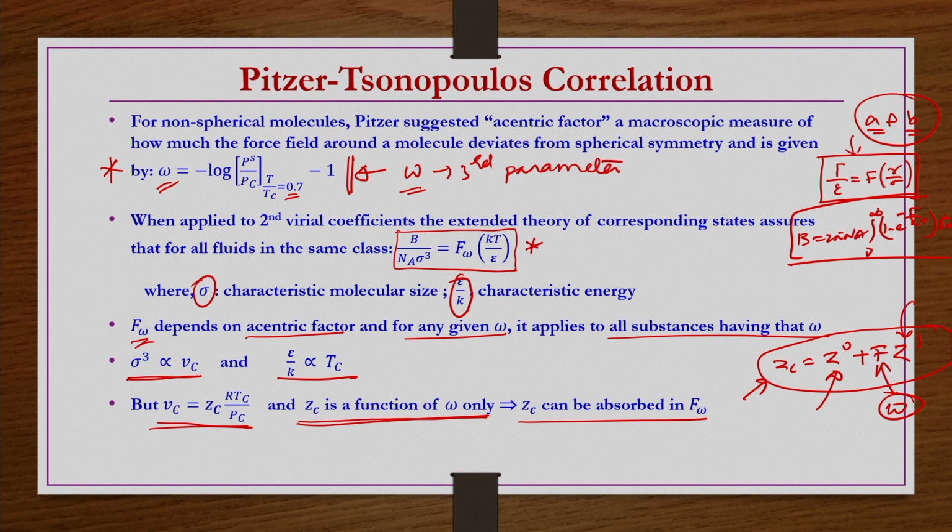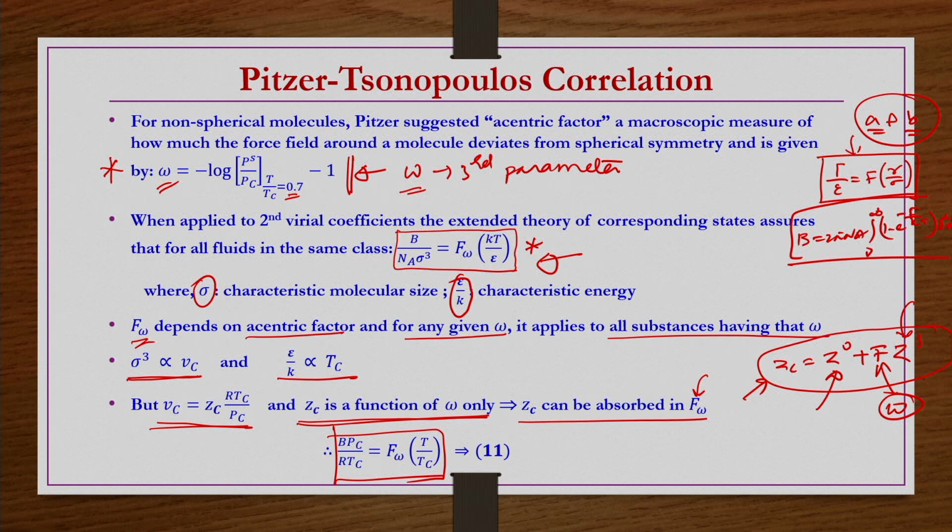Omega, and whatever Zc as a function of omega information is there, can be absorbed in Fw. So, we can write the same equation, B by Na sigma cube equals Fw kT by epsilon, as B Pc by RTc equals F omega of T by Tc.